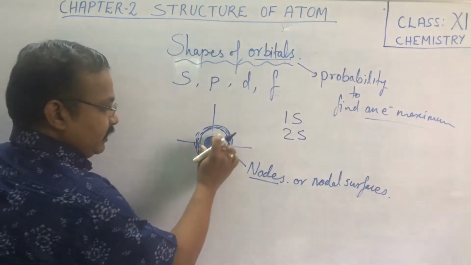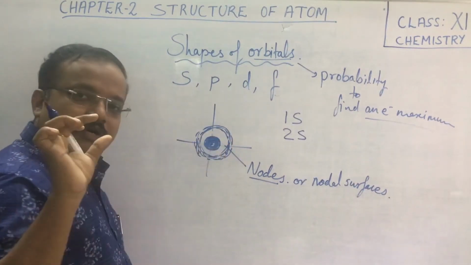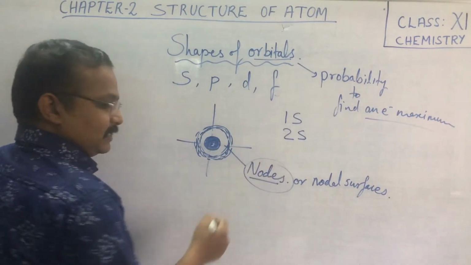So in between the orbitals there are some small gaps, those areas we call nodes.